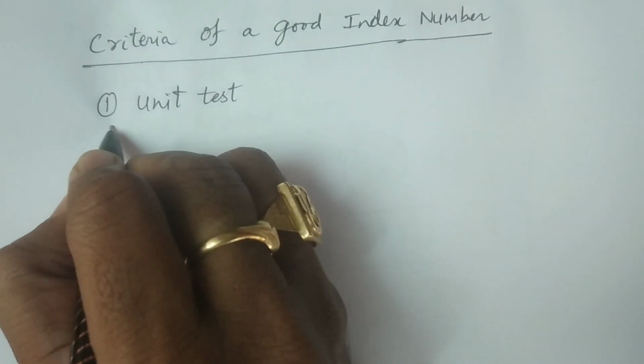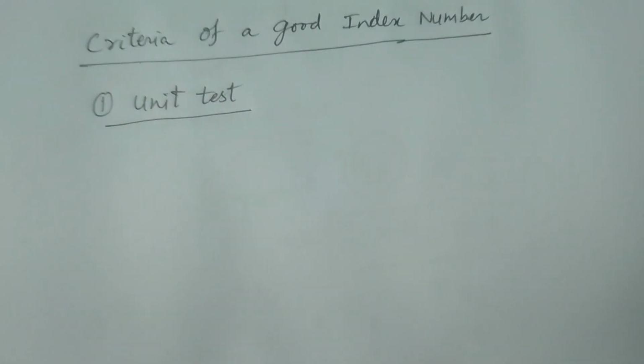Unit test is nothing but whatever the price and quantity index numbers we have calculated, those index numbers should be independent of any units of the given data. For example, prices will be in terms of rupees, and the index number should not reflect the units of the prices, that is rupees.